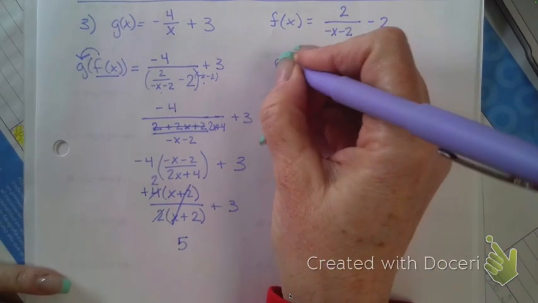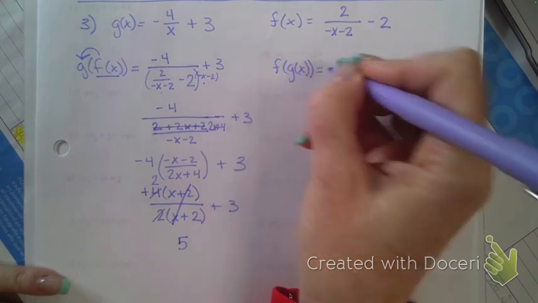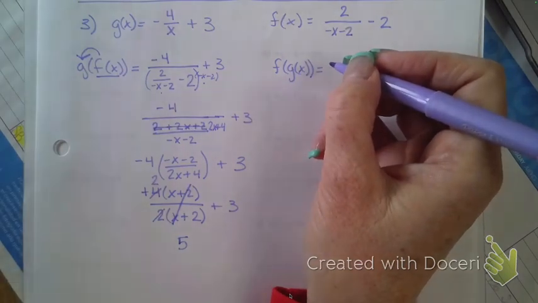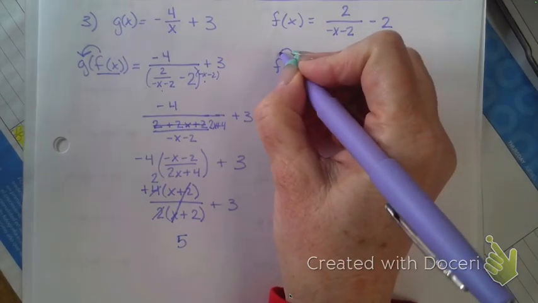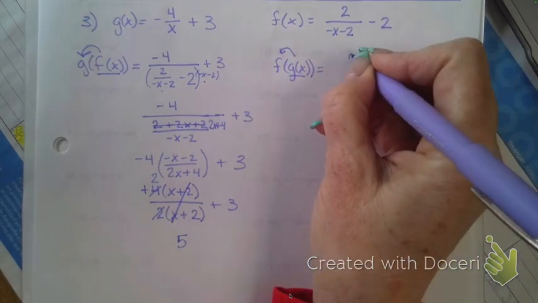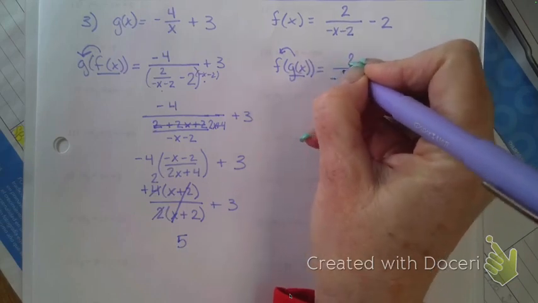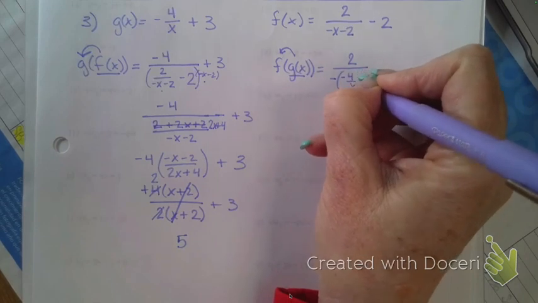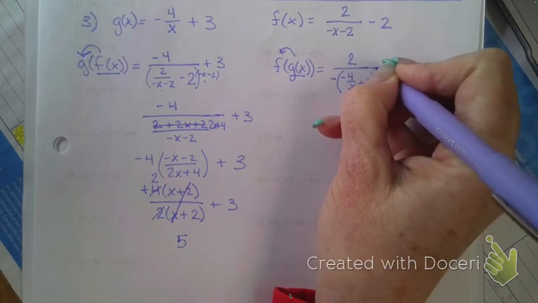Okay, so let's do the other one. F of G of X. So when I say on the test verify, you have to do both, not just one. Okay, so now I'm putting G into what? F. So 2 over negative parenthesis negative 4 over x plus 3, minus 2.